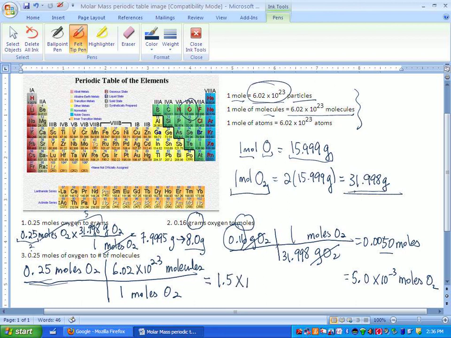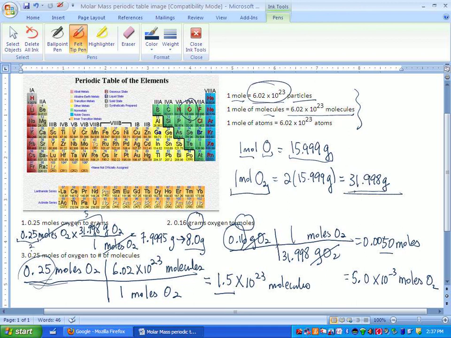And if you carry out the calculation, you'll end up with 1.5 times 10 to the 23rd molecules. And this needs to be given in 2 sig figs because you need to follow this one rather than the 3 that you have here.